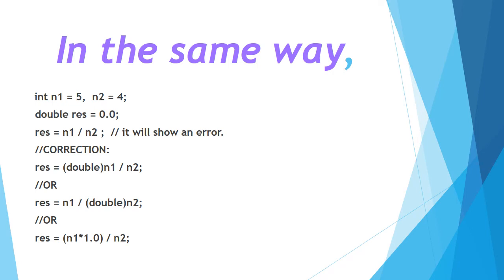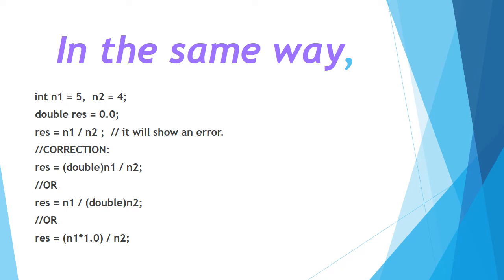So we can convert either n1 or n2 by using explicit type casting, which means we can write double in the brackets. We can write double in the brackets before n1, which means we are converting the n1 variable into double, or we can write n1 divided by double in brackets n2, which means here we are converting n2 into double data type, which was previously integer.